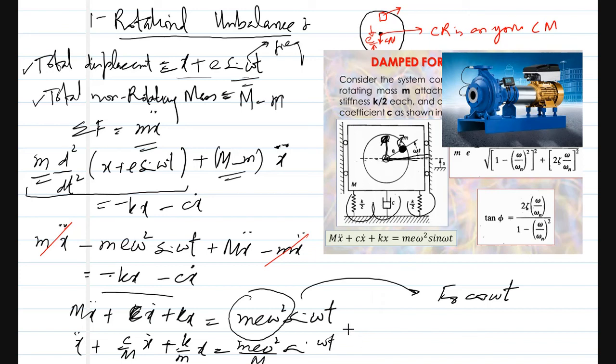So the idea is simple. Just using the previous solution, which is xp of t, f naught over, I just write the slightly previous step, so you cannot get confused with that.